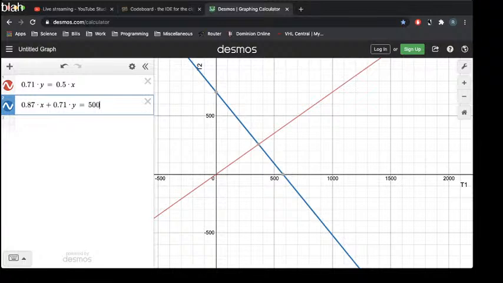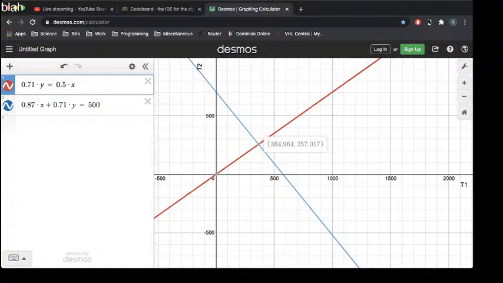Okay? And I can see that gives me two lines. Now, the solution is the point where both of these lines intersect, so I can go over the point of intersection. And I can see the x-coordinate, which is T1, is about 365 newtons. And T2 is 257 newtons.